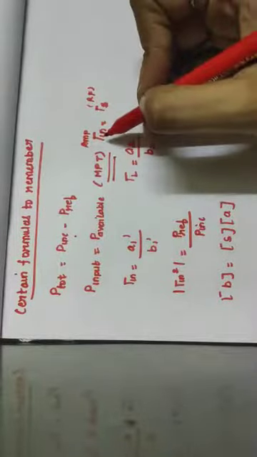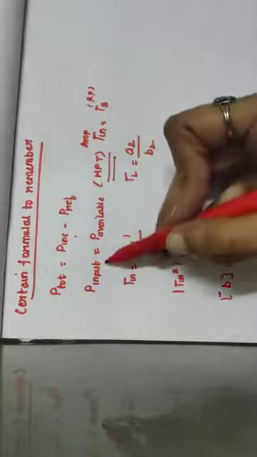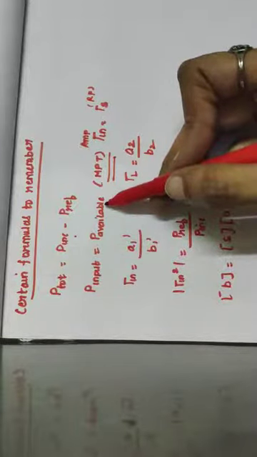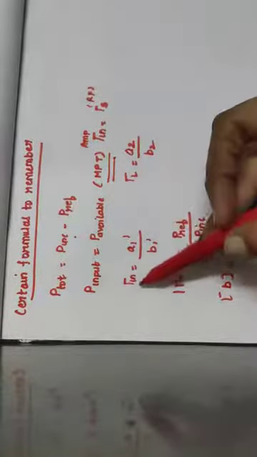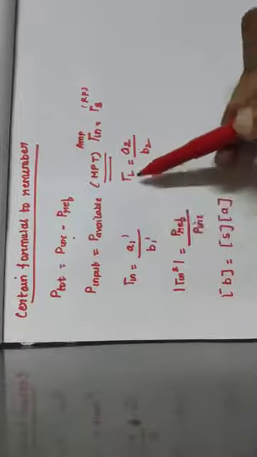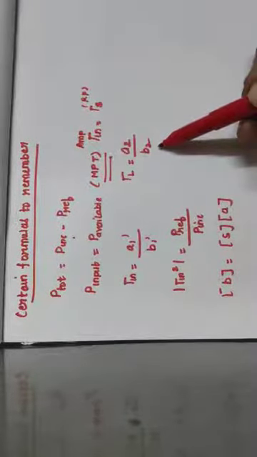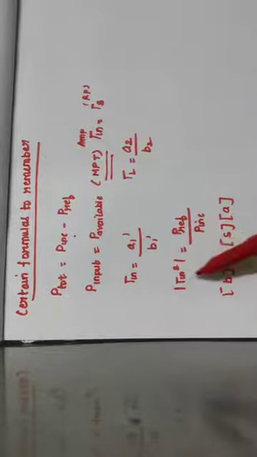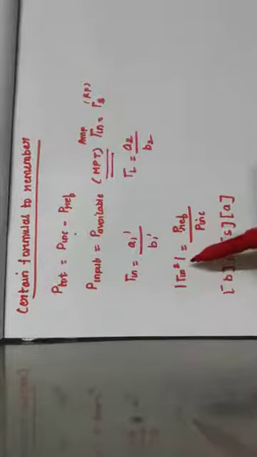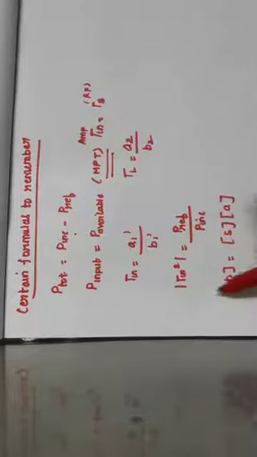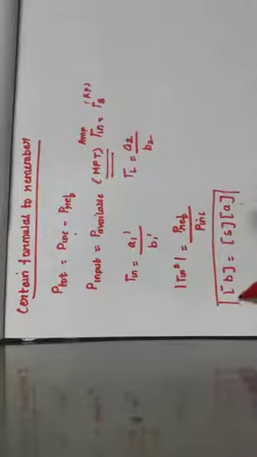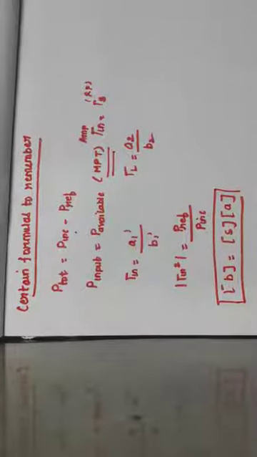When the two impedances are matched, the input power at the source becomes available at the input of the amplifier. And certain more formulas: Γ_in is A1' by B1', Γ_L is A2 by B2, and by the definition of RF networks, |Γ_in|² is the reflected power by incident power. And one more main formula that we encounter in RF networks is the S parameters, in general represented as B is equal to S into A.